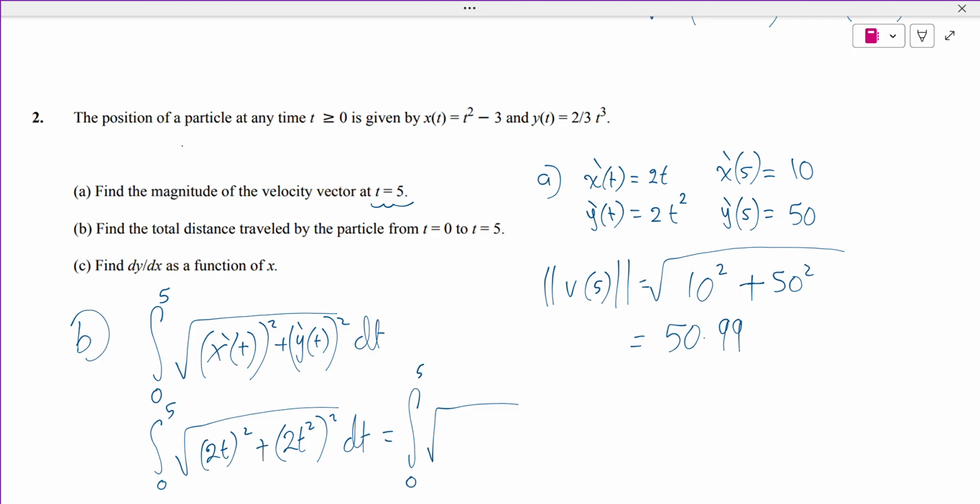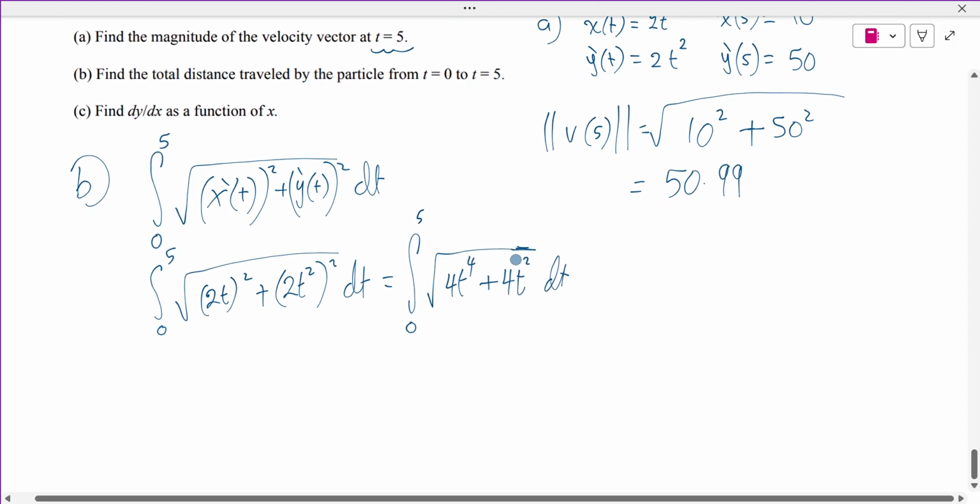This is 4t to the power of 4, plus 4t squared dt. I just rearranged them. So this is the integral from 0 to 5.